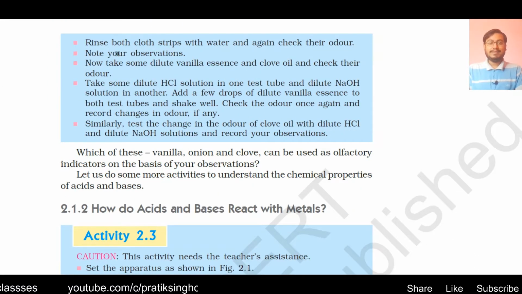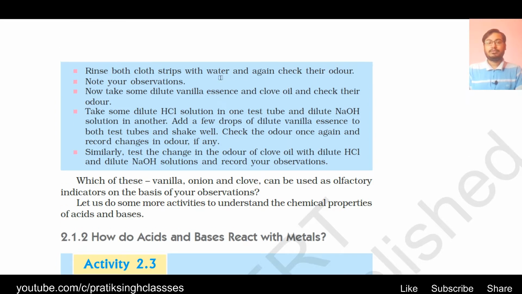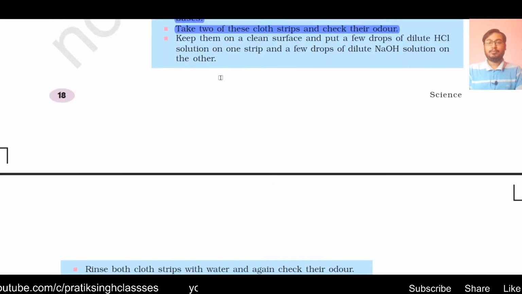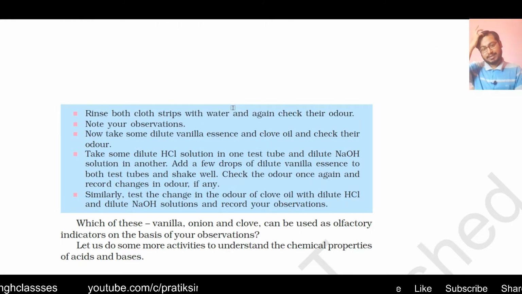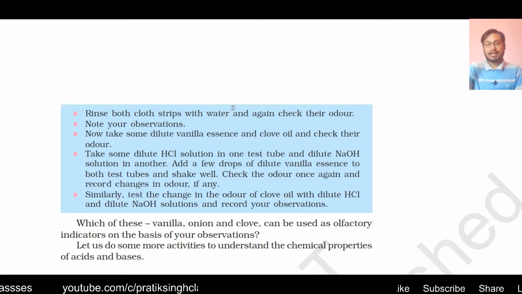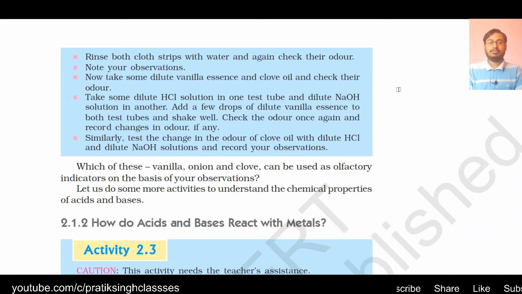Now rinse both cloth strips with water and again check their odor. On one cloth strip you have put sodium hydroxide solution and on the other hydrochloric acid solution. After that, rinse and wash with water and see whether it is giving you the same odor or the odor of the cloth has changed.